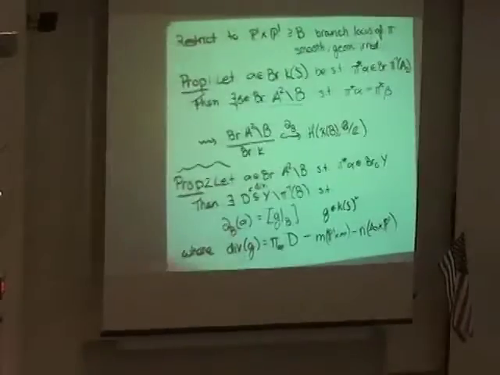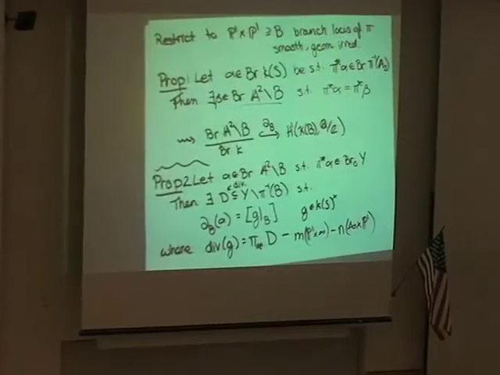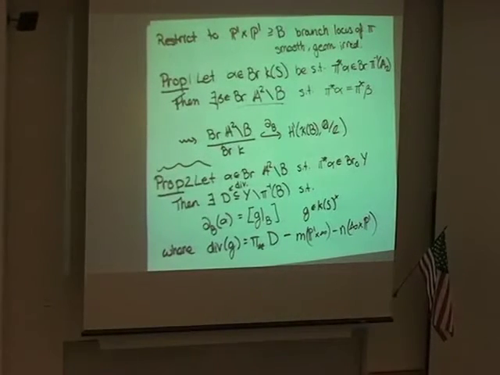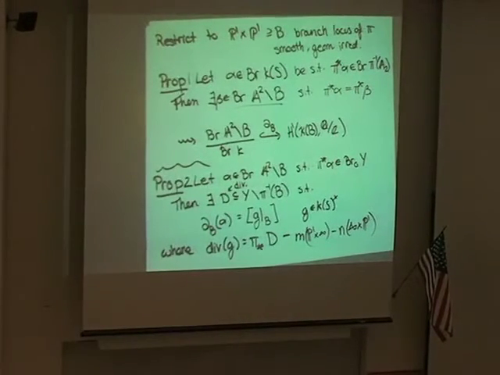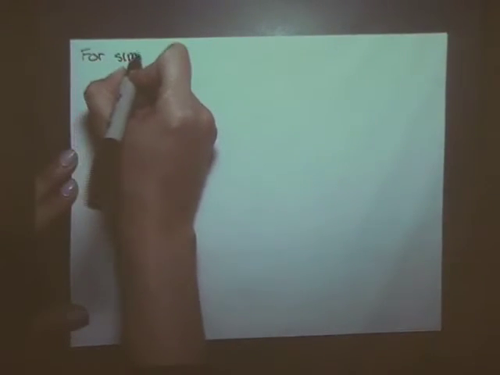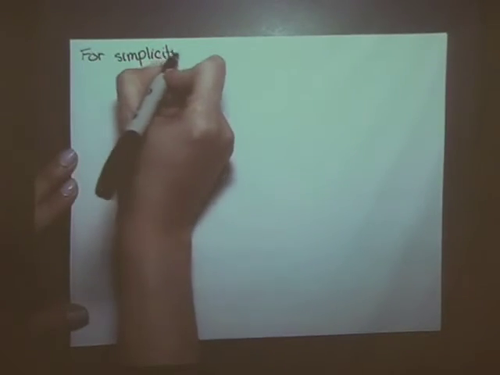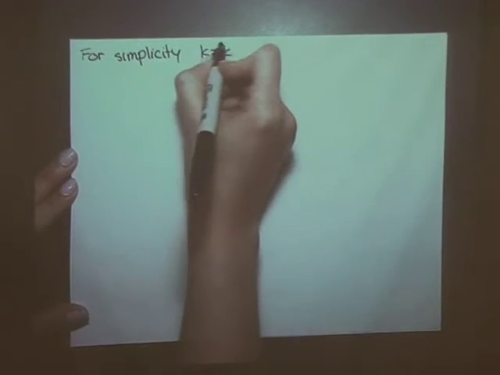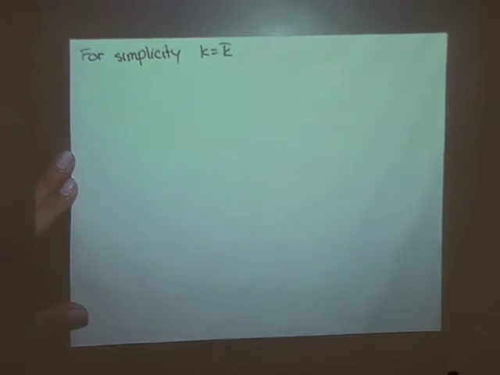Okay, so I'm going to prove this second proposition to give you an idea of how these tools come into play. And hopefully you will see that really all we're doing is unwinding definitions. So for simplicity, I'm just going to work over an algebraically closed field, but it's not so important.